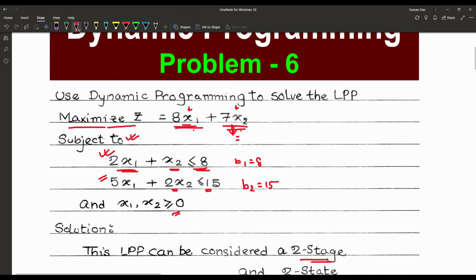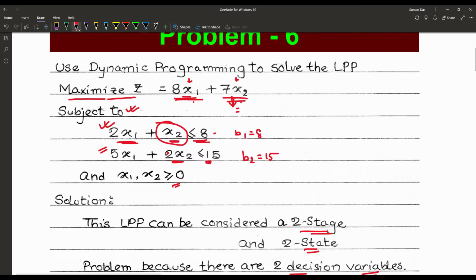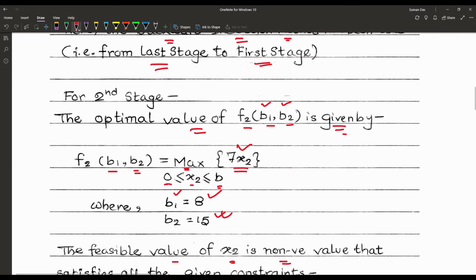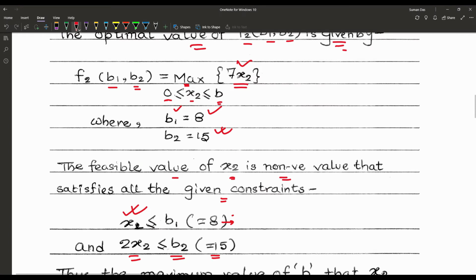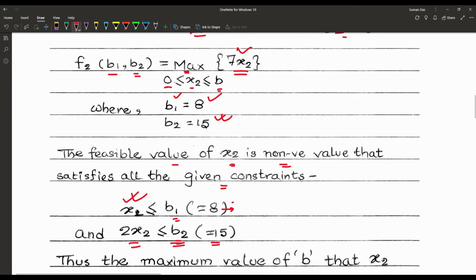That is our x2, so that is our b1 and that is equal to 8, and for the second one that is our 2x2 and that is for b2 and that is equal to 15. So here we are getting x2 less than or equal to b1, or 8, and 2x2 less than or equal to b2, or 15.